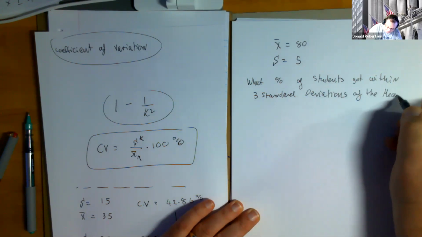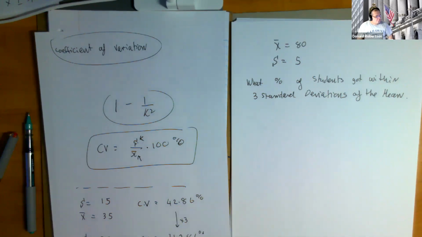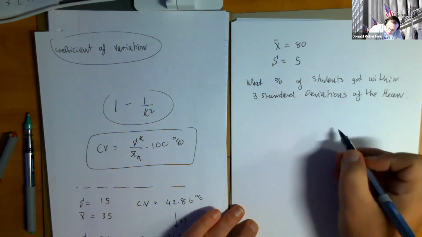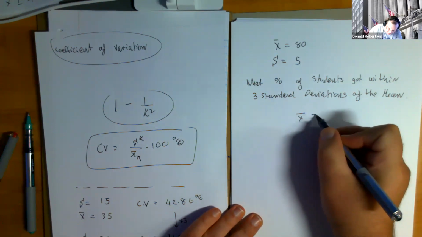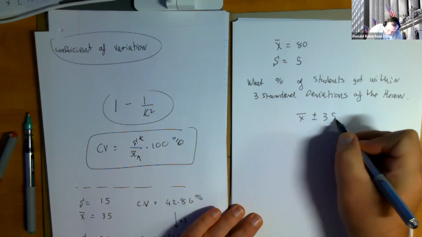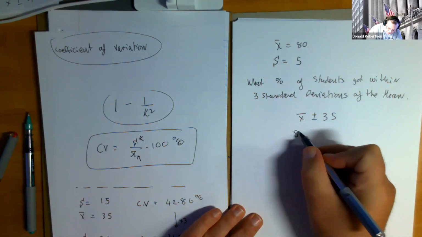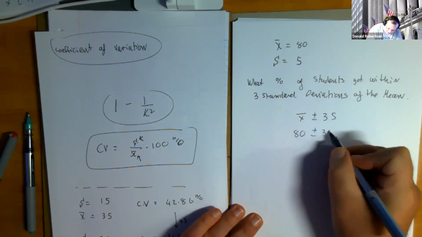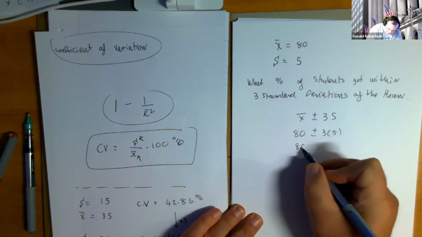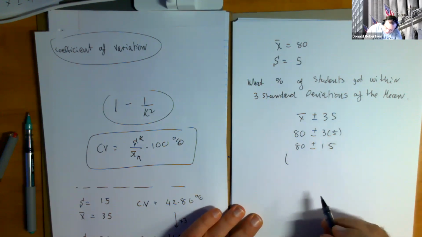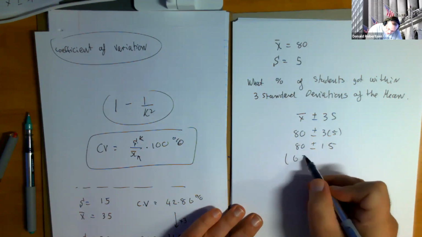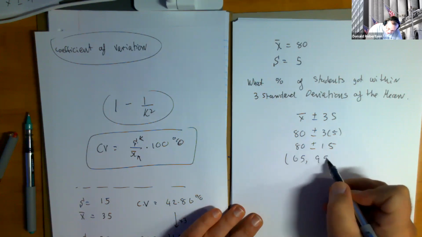Well, if you take the mean and you add and subtract 3 standard deviations, you've got 80, give or take 15. So we are looking at what percentage of students were between 65 and 95, right?